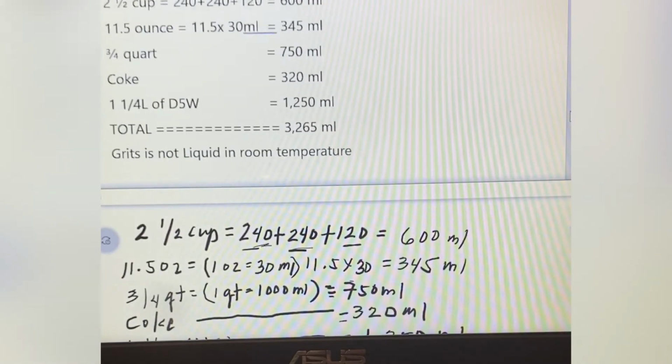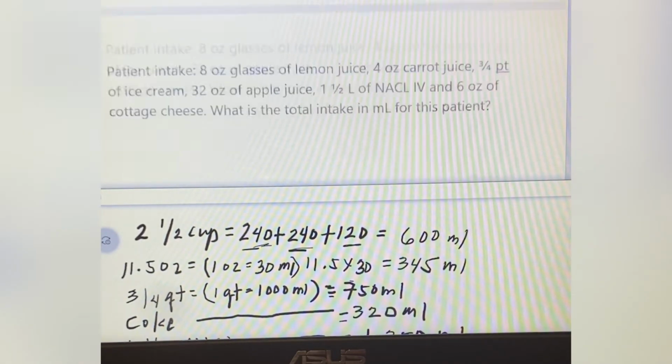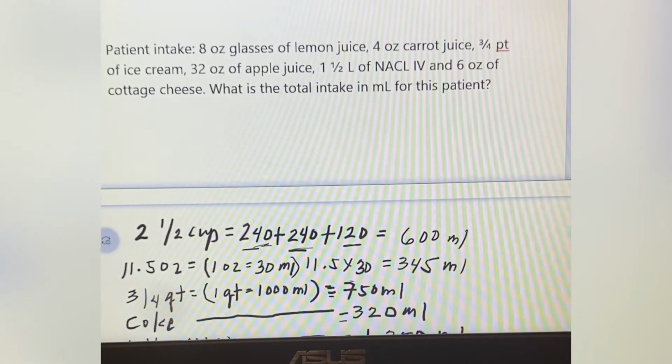See, we have the same answer. Grits is not liquid at room temperature, that's why it is not included in the fluids intake. Next question.